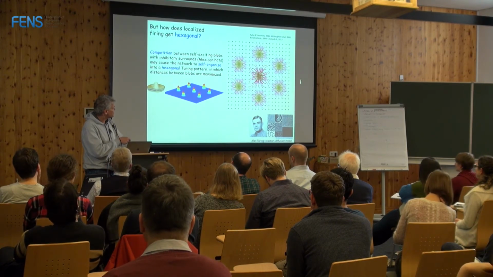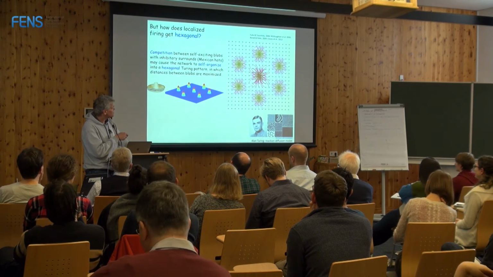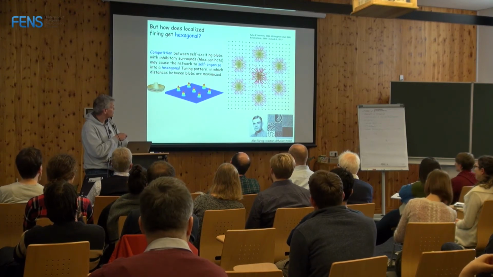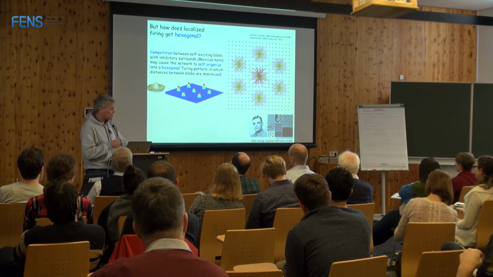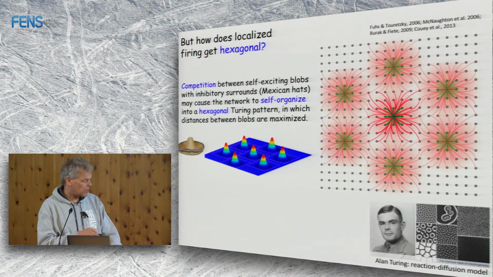Now you can imagine that in such a network you may have several bumps of activity. That's illustrated here, again with short range excitation in green and longer range inhibition. If those arise spontaneously, what will happen? Well, that's essentially Turing's principle. They will organize in a particular pattern, and there are not many patterns that are stable if you have such competing bumps of activity.